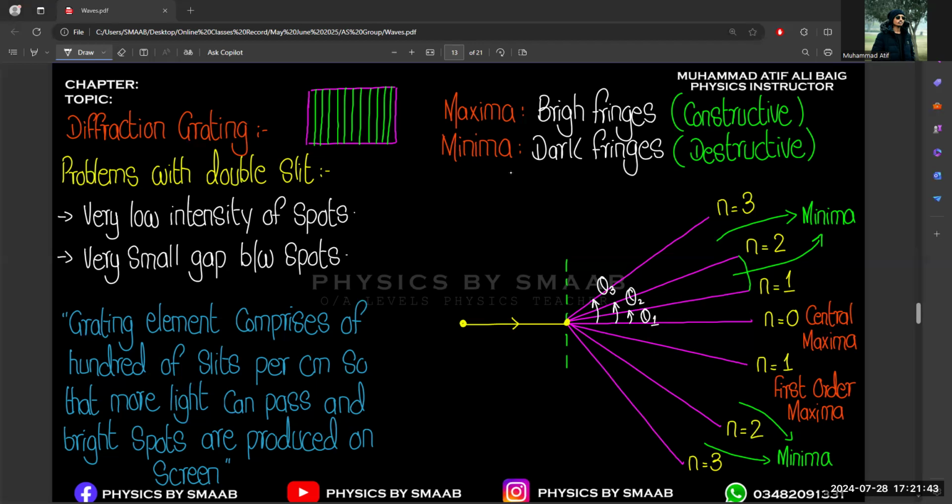So in this way, you will get different maxima, different minima on both sides, towards the right hand side, towards the left hand side. And again, we are using monochromatic light. This is monochromatic light.